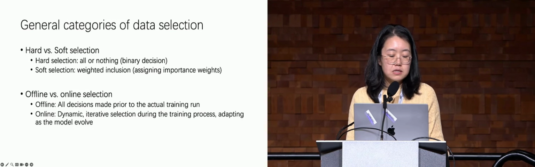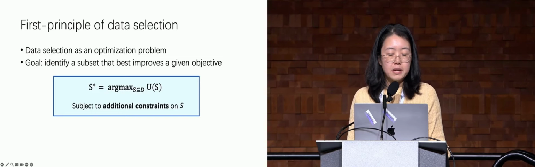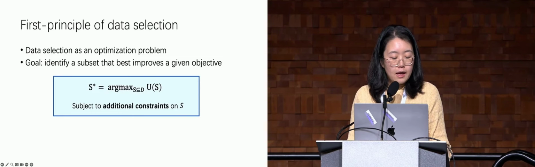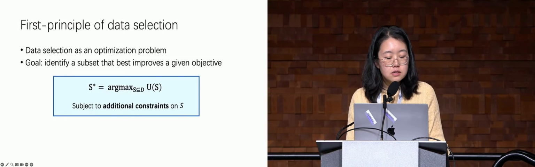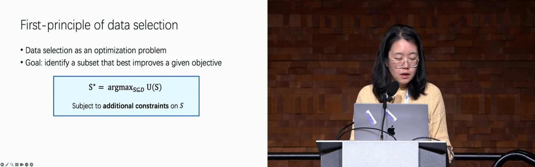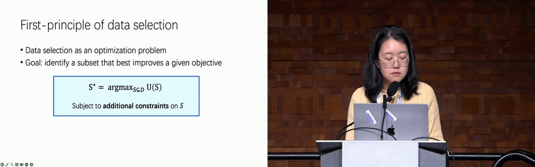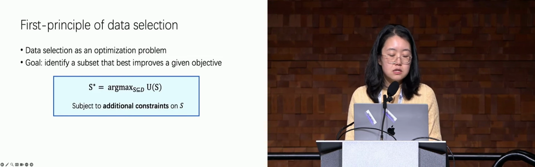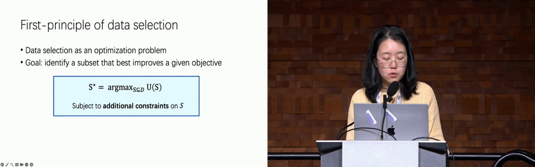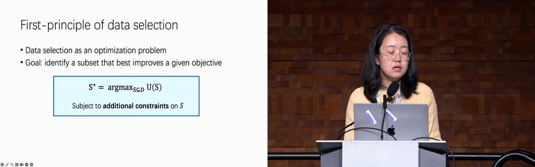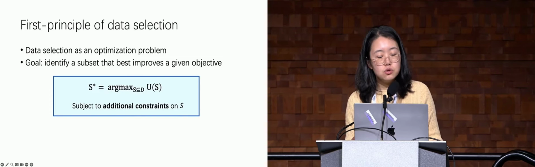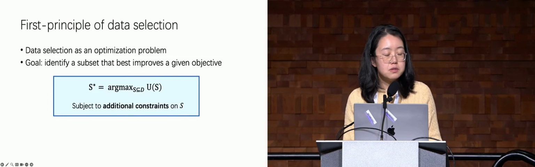Hard selection means all or nothing, a binary selection. Soft selection is more nuanced, assigning a continuous weight to each selection unit. There's also offline versus online selection. Offline means that we make all the data selection decisions before the actual training run. Online data selection means that we adapt our data selection decisions during the training process according to the current state of the model.